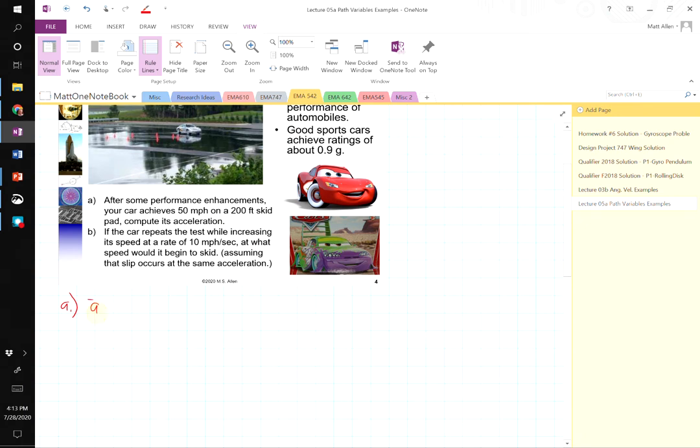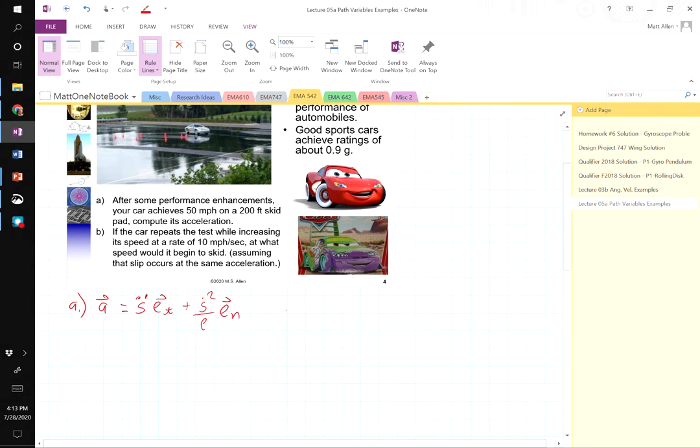We go back to the equation that we just had, which you'll use so much you'll probably memorize it. The acceleration is the linear acceleration along the path plus s dot squared over rho en. And you're told your car gets to 50 miles an hour on the skid pad, and the radius is 200 feet. So we know that rho is 200 feet.